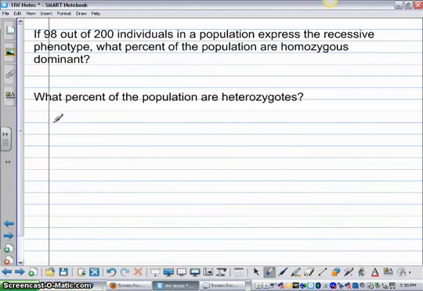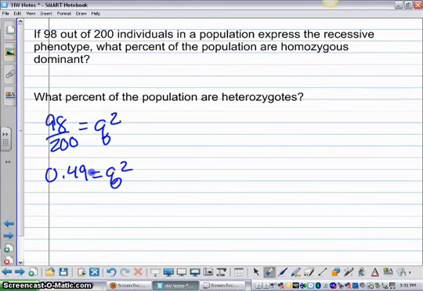The way that we would calculate that is 98 out of 200 is going to equal our Q squared value. So that's going to be 0.49, because 98 divided by 200 is 0.49. Q squared equals 0.49, so Q is going to be the square root of 0.49, which is 0.7.